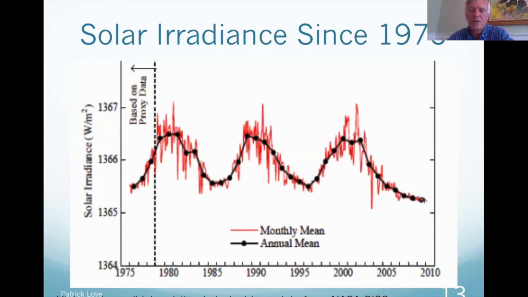And there are some rough ways to do that, which gives us a chance to say, how much does an imbalance of that amount at the top of the atmosphere, 1 watt per square meter, what would you multiply that by in order to get the temperature effect? Going back from imbalance at the top of the atmosphere in watts per square meter back to a temperature, because originally we said let's change the question from what's changing the temperature to what's changing the energy balance at the top of the atmosphere.